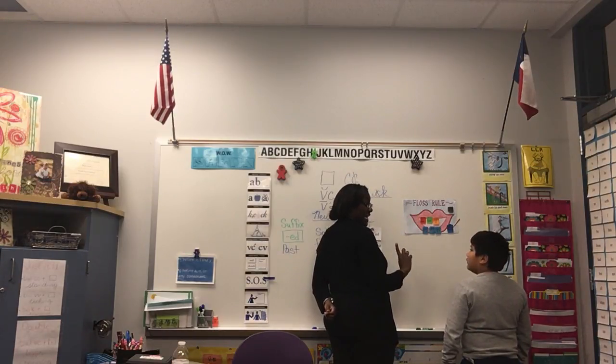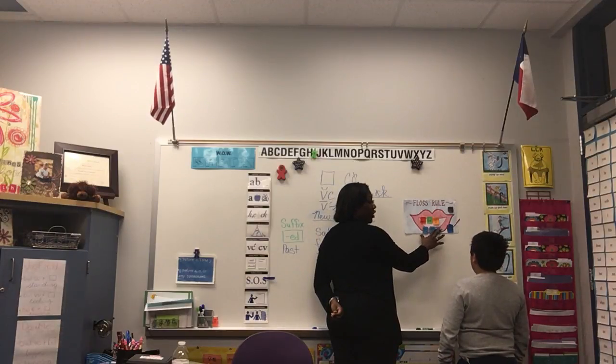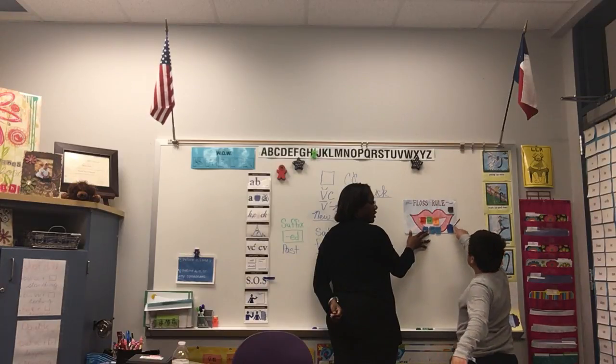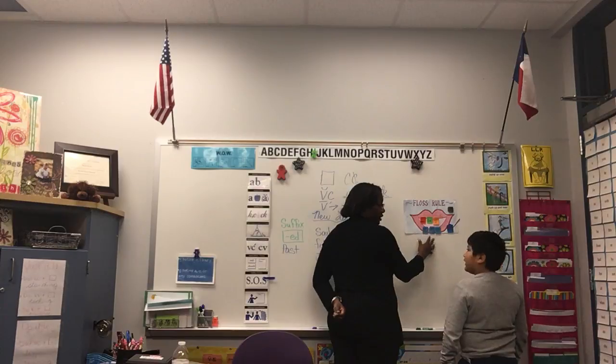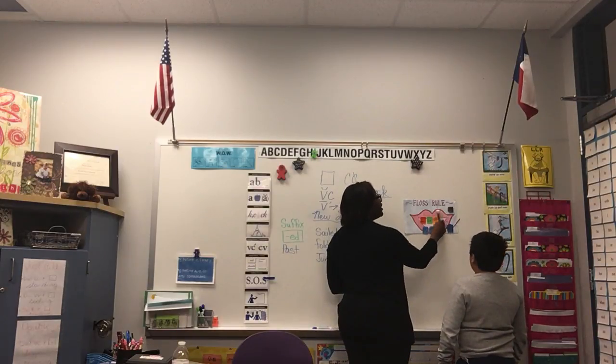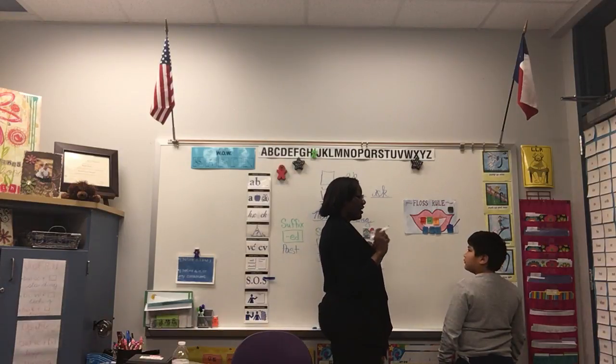It has to end in the final position in an F, L, or S. If it does, what are we going to do with that letter? Double it, and then you get to floss. So let's say I have the word huff.